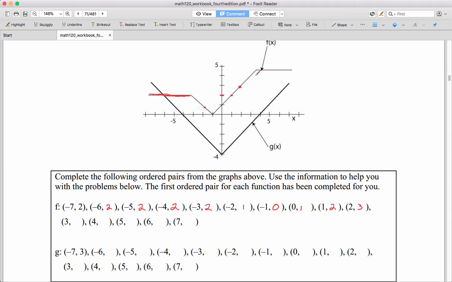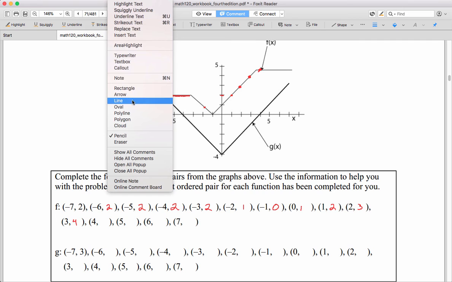And then at 3, it looks like we're up to 4. And then once we hit 4, let's see, 1, 2, 3, yep. When we get up to 4, let's see, it says assume integer values here. Let's go ahead and use the line tool to help us out here.